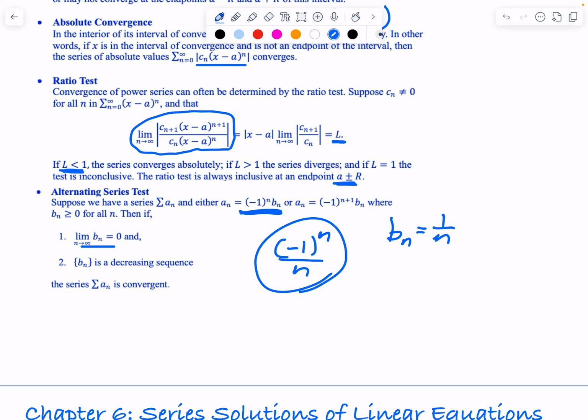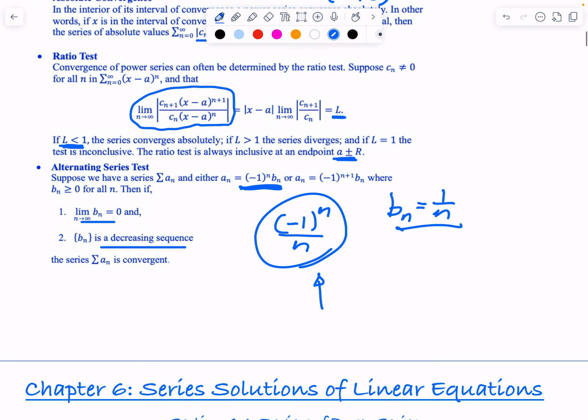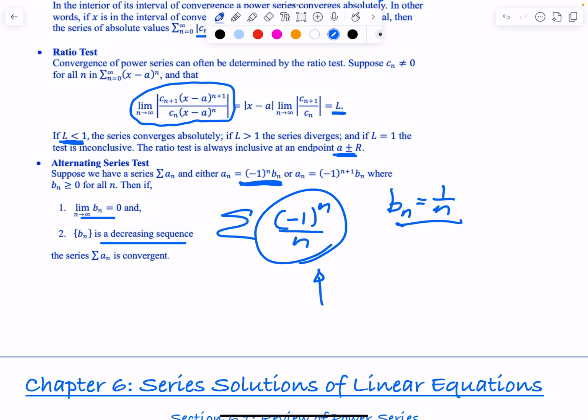In this case it does. And then it must be a decreasing sequence, which goes down as n gets bigger and goes to infinity. So in this case, this series converges because b sub n goes to 0 and it's also a decreasing sequence. That means it converges if we were to put a sum here.